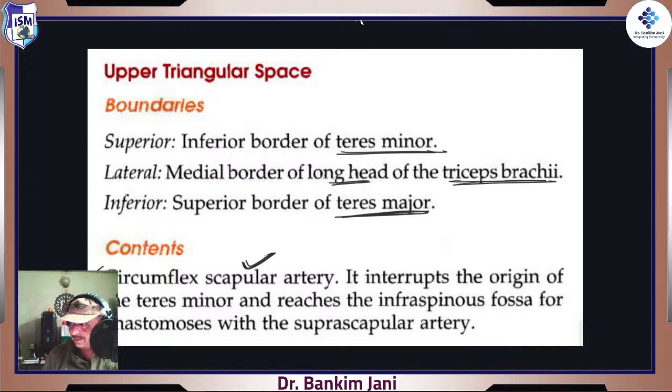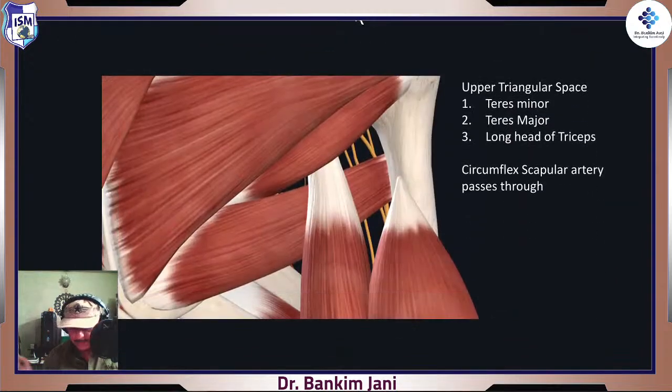From where is this circumflex scapular artery coming, right? And it interrupts the origin of teres minor. Okay, let's see this. Circumflex scapular artery, right? That is what is passing through, and it is passing through this upper triangle. So upper triangle, right? From here it is passing. This circumflex scapular, right? It would be going like this.